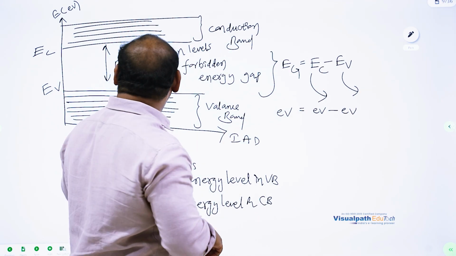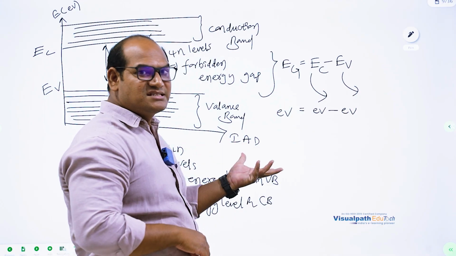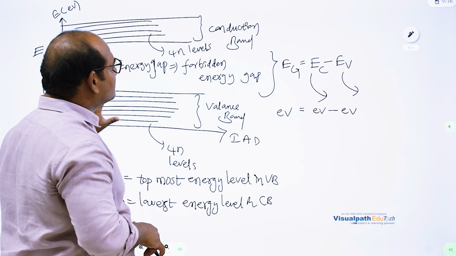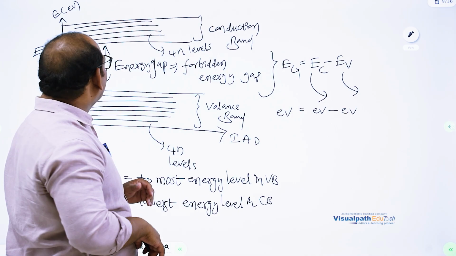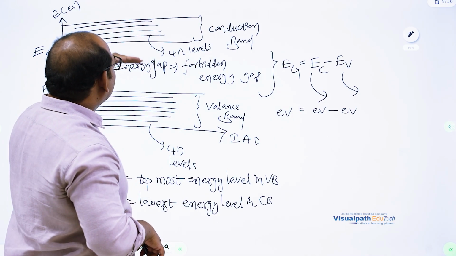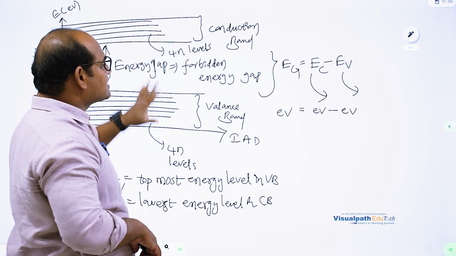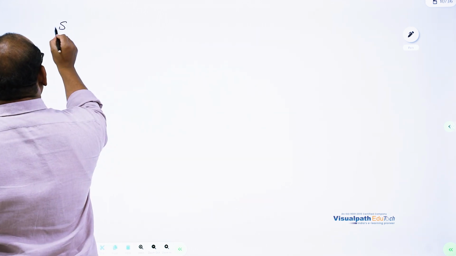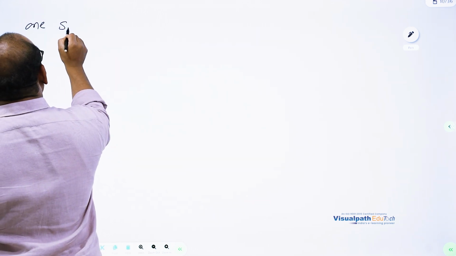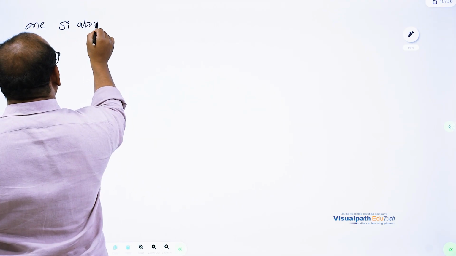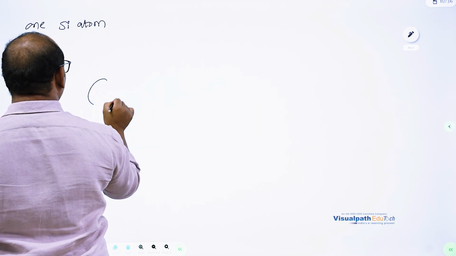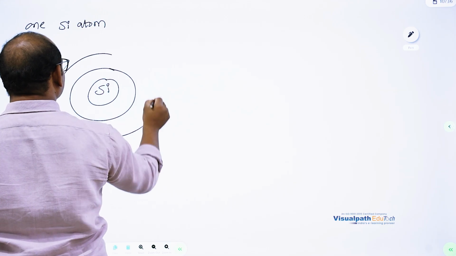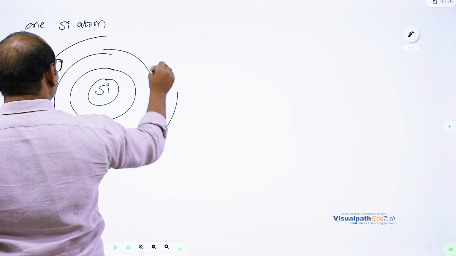Okay, this is about energy level splitting, or the energy band diagram, how the energy band diagram has been created. So valency band, conduction band, forbidden band, like this energy bands will be available. Then if you take one silicon atom, as we know, nucleus is there, around this 3 orbits are there, like this.